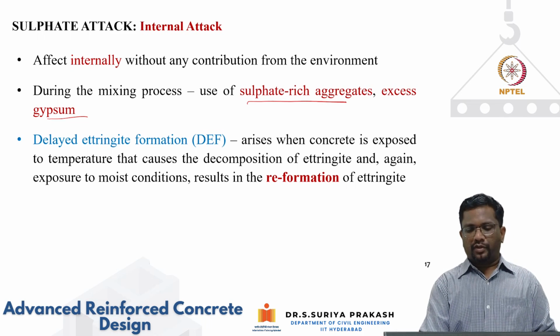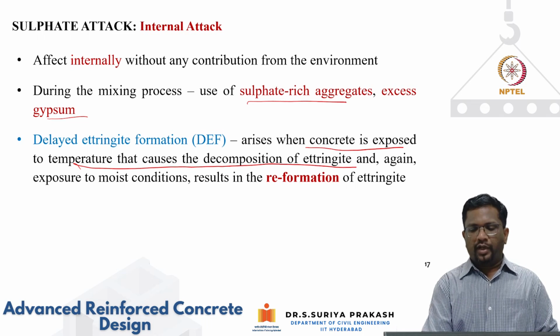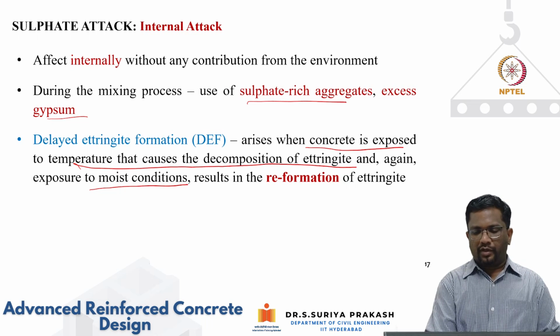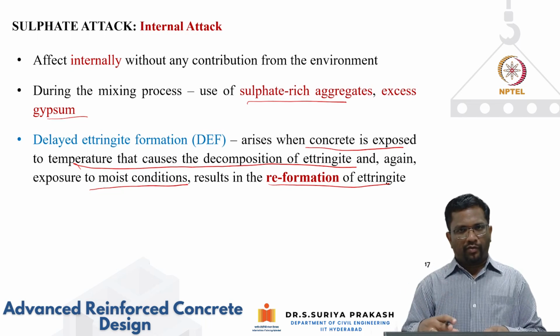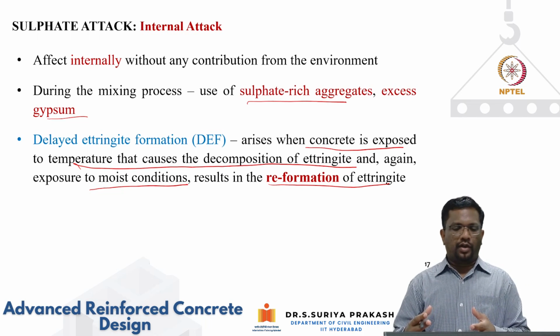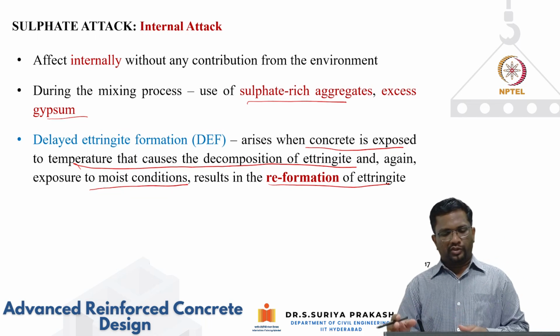Usually it happens when the concrete is exposed to temperature that causes decomposition of ettringite, and then when moisture is available, it reforms the ettringite. Initially ettringite will form, but if you have excessive heat, the ettringite will decompose and form monosulfate, which is a more stable product.